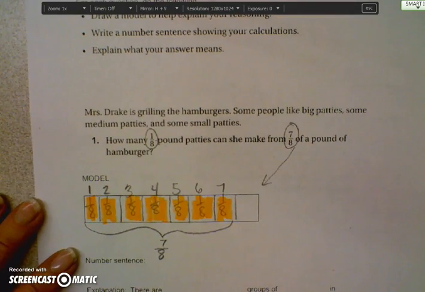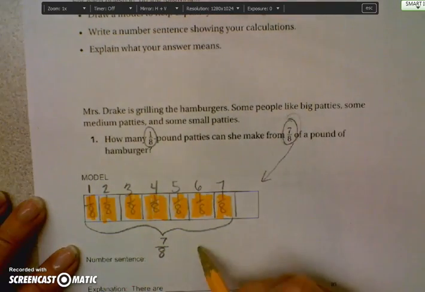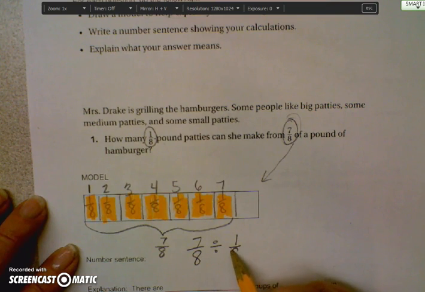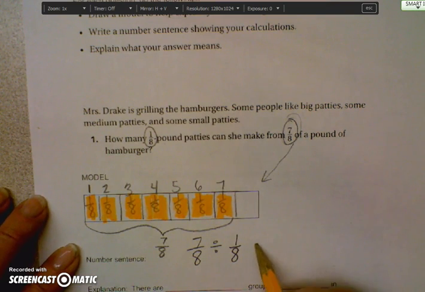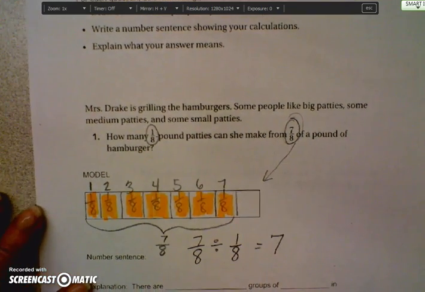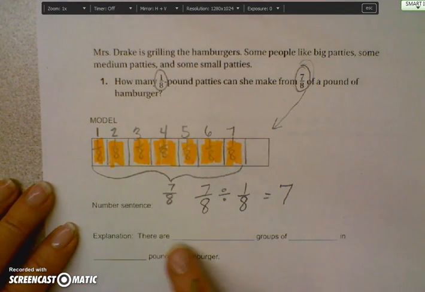So our number sentence should read like this. We had 7/8 of a pound. We divided that into 1/8 pound patties, and we made 7 patties, or 7 burgers. Our sentence explanation should say there are blank groups of blank in blank pounds of hamburger.